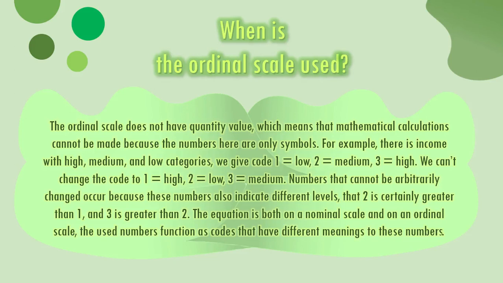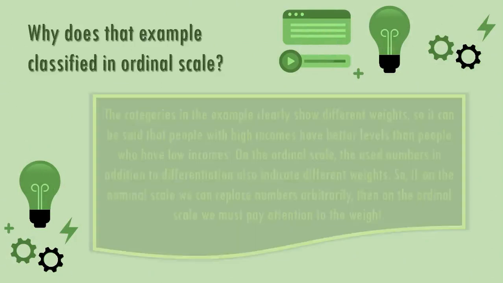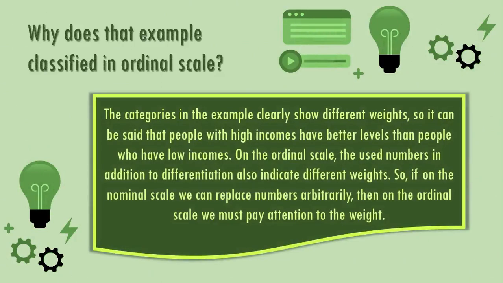The similarity between the nominal scale and the ordinal scale is that they use numbers that function as codes. The categories in the example clearly show different weights, so it can be said that people with high incomes have a better level than people who have low incomes.